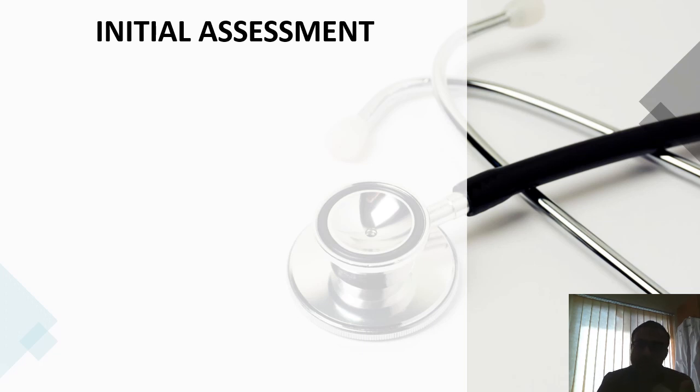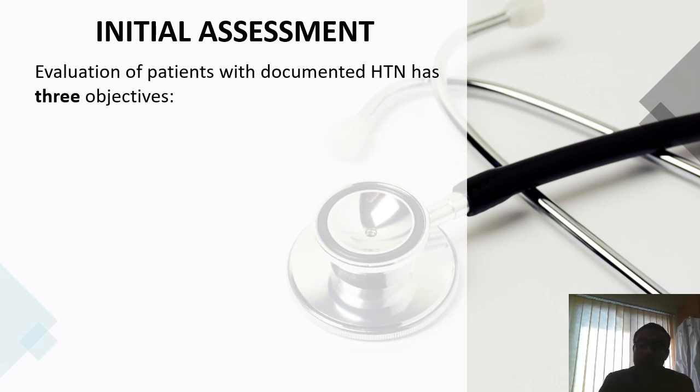Here we can see this very important point before proceeding to the medication: to know the basis of the assessment of the hypertension in a given case. So the evaluation of the documented hypertension has to address 3 important objectives, 3 main objectives.